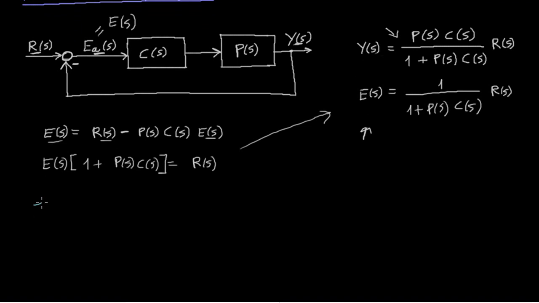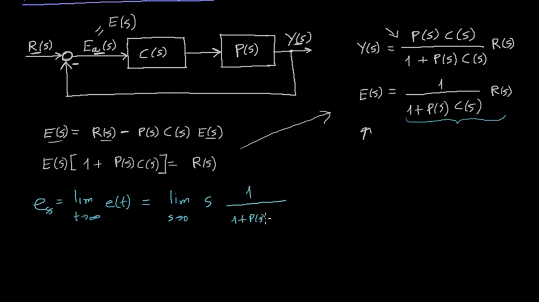So e steady state, which is the limit when t tends to infinity of e(t), this is the limit when s tends to 0 of s times this function, this signal here, 1 over 1 plus P(s)C(s), times R(s).